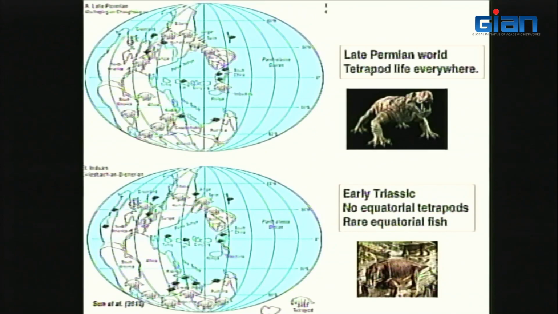You can see here that the tetrapods and the fish during the late Permian were present almost everywhere, especially clearly in higher latitudes, because it was already quite hot. But you can find the fish also in the Paleotethys. And during the early Triassic, there are no equatorial tetrapods here. They just disappear. And very rare equatorial fish. They just migrate toward higher latitude.